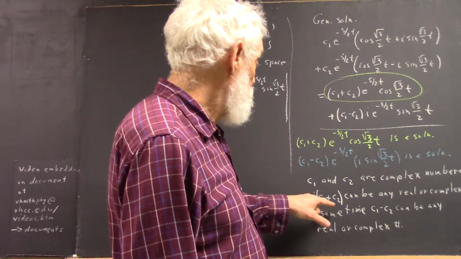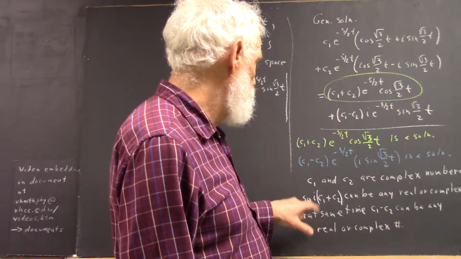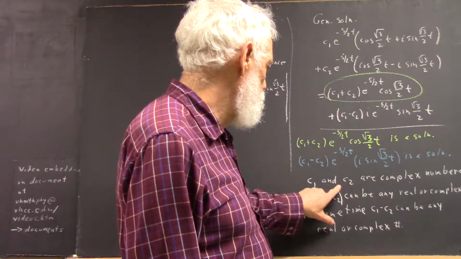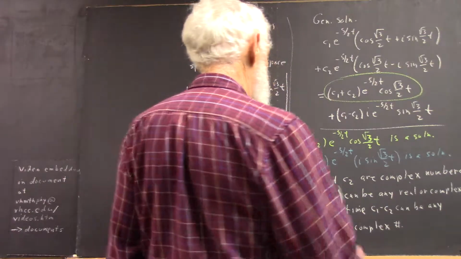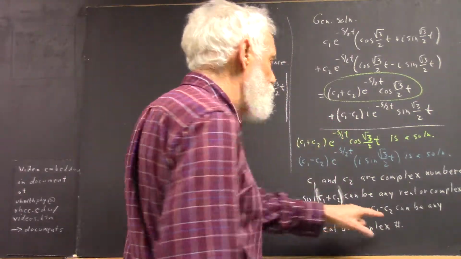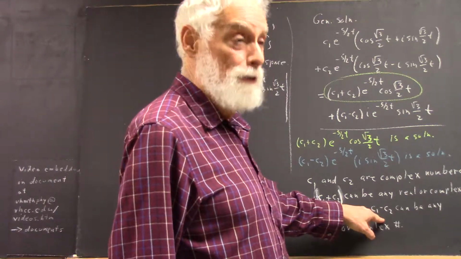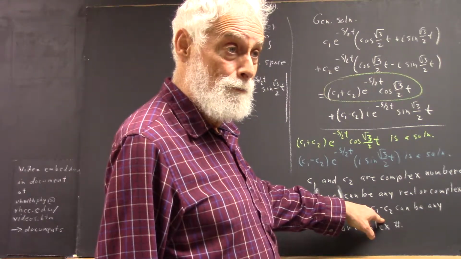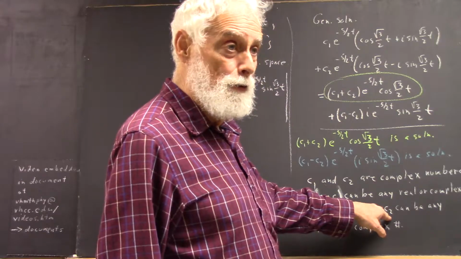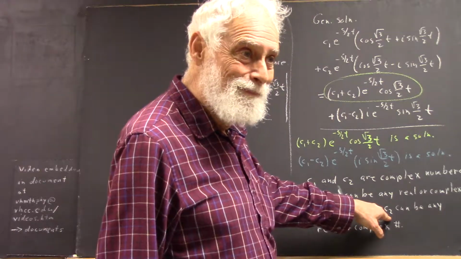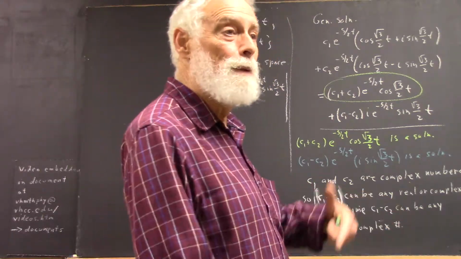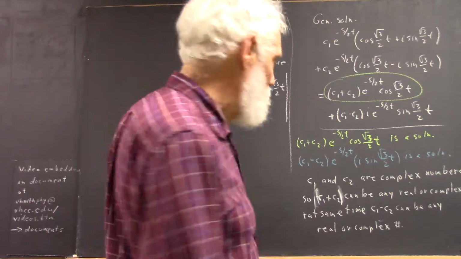Okay, well, since C1 plus C2 can be any real or complex number, if you let C1 plus C2, or sorry, I've got that in the wrong place now. Okay, well, I'm just going to say, since this can be any real or complex number, then i times this can be any real or complex number. Just let C1 minus C2 be a complex number, then i times that is going to be a real number, right?